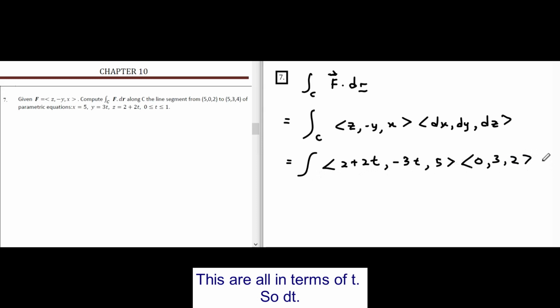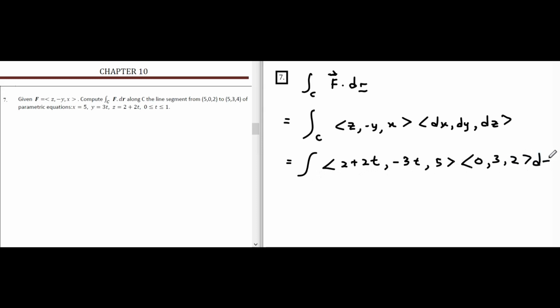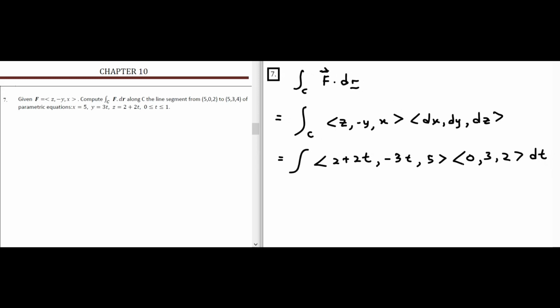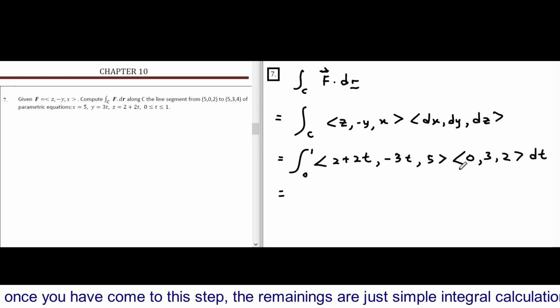These are all in terms of t, so dt. t is given from 0 to 1. So once you have come to this step, the remaining are just simple integral calculations.